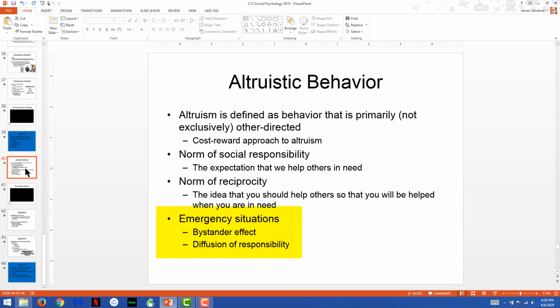So in emergency situations where you may actually be placing yourself in danger, people tend to avoid engaging in that emergency situation if other people are around that might step in instead. And so people oftentimes do not help other individuals when a lot of other people are around.